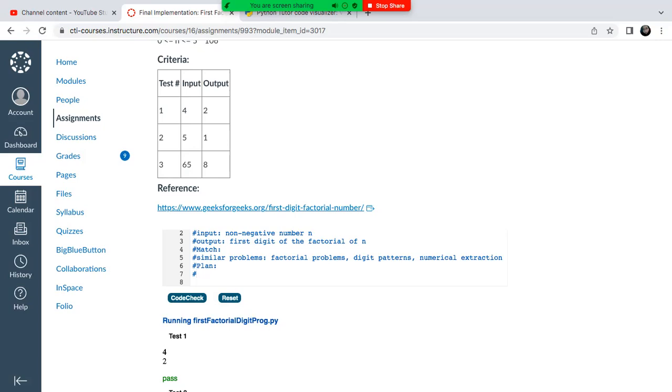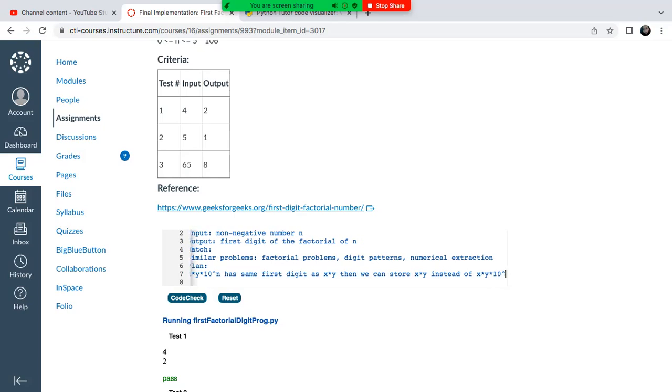Since we know that x times y times 10 to the n has the same first digit as x times y, then we can store x times y instead of x times y times 10 to the n.